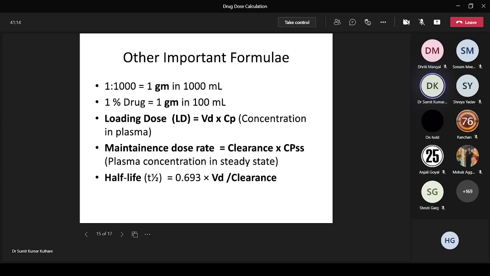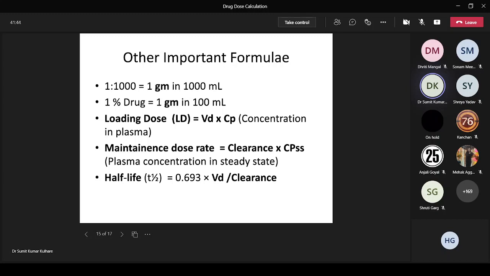Whatever value is in grams is present in 100 ml of that solution. 1% adrenaline means 1 gram of adrenaline is present in 100 ml of solution. So percentage is out of 100, and here also the first value is in grams and it is present in 100 ml solution.